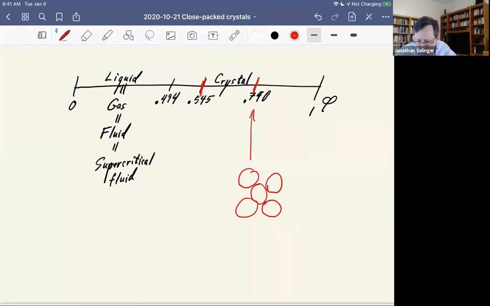At the lower range, if you're down here somewhere, it's a crystal with a little bit more space. There's a little bit of breathing room, a little bit of room to vibrate there. So the atoms can move around a little. I'm kind of exaggerating that in this picture, but the atoms have a little bit of room to move around.